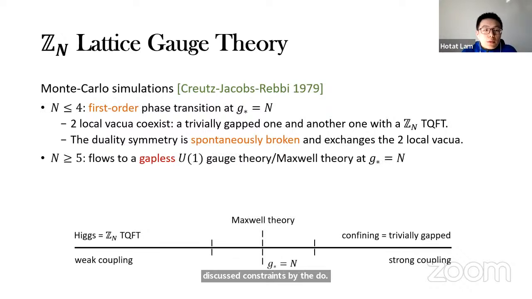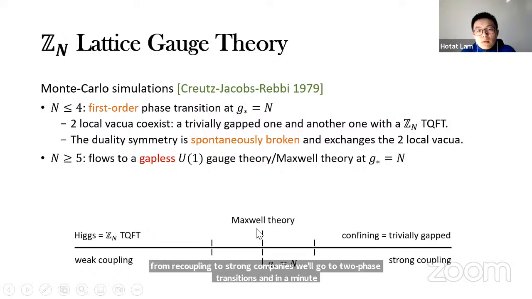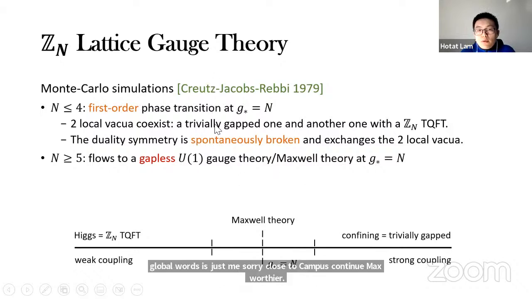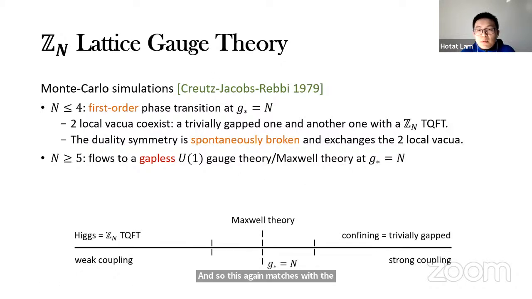Now let's ask what happens when n is larger. It turns out that when n is larger, there are in total three phases as we dial the coupling. As we increase the coupling from weak to strong, we go through two phase transitions. In the middle, there's an intermediate gapless phase, where the theory flows to a gapless continuum U(1) gauge theory, or colloquially, a gapless continuum Maxwell theory. This again matches the constraint from symmetry-enforced gaplessness.